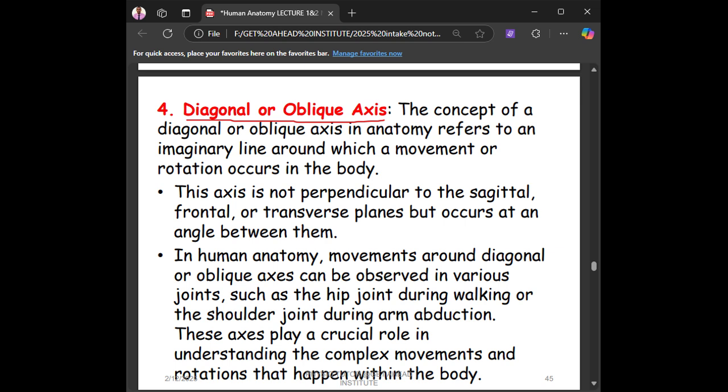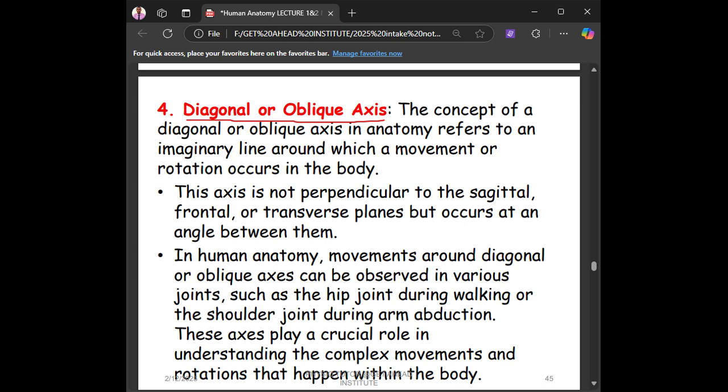Now, this axis is not perpendicular to any of the three planes, that is the sagittal plane, the frontal plane, or the transverse plane, but it just occurs at an angle between them.